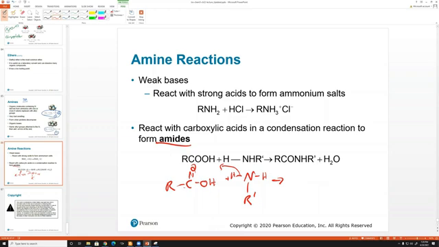This hydrogen will go away also. Oh wait, no, the carbon will attack the nitrogen. Yeah, the carbon will attack the nitrogen. The water will come out.